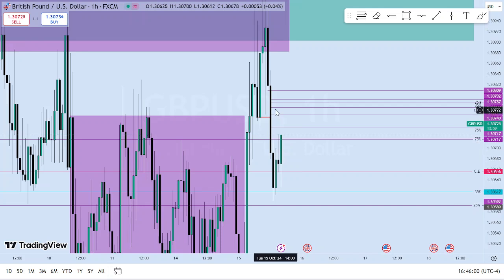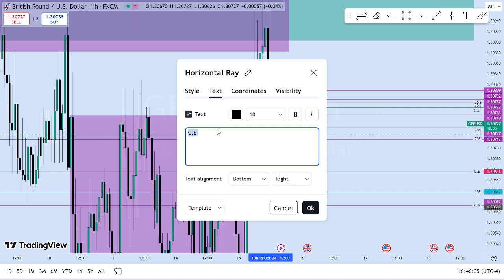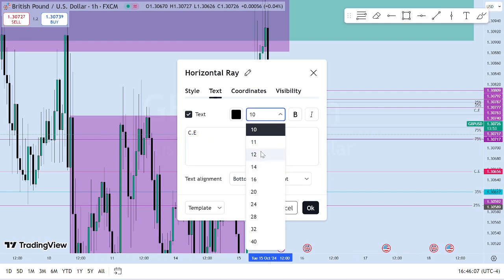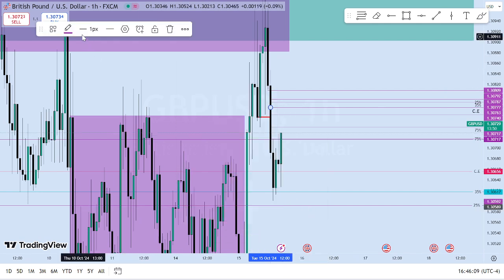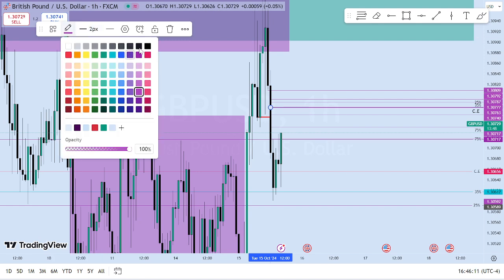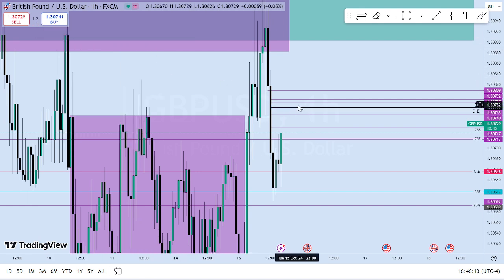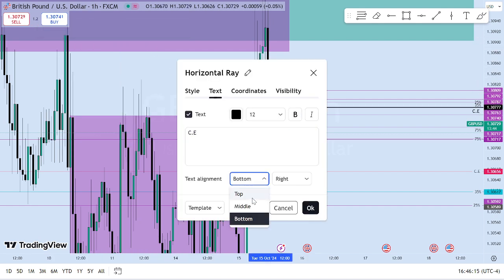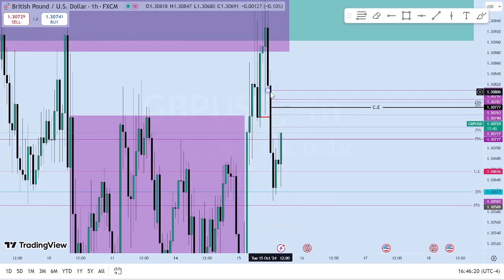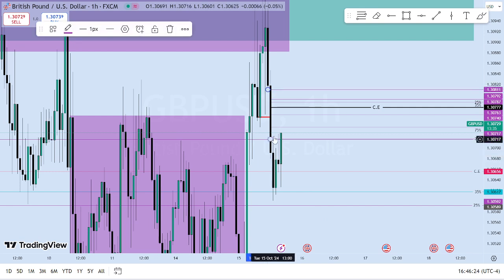If you're anticipating price getting to the 50%, the consequent encroachment, which is this, the big flag, the consequent encroachment, half of this inefficiency between this candle low and this candle high.